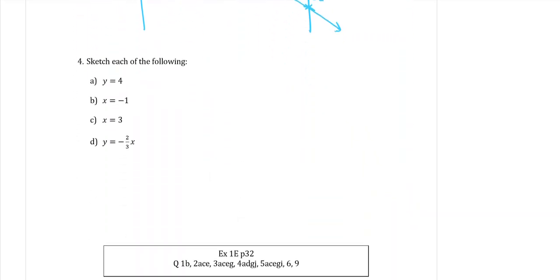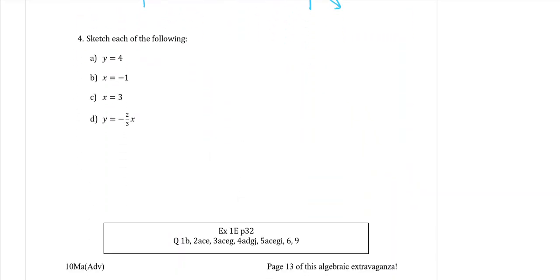Okay, question 4. Sketch each of the following. And we have y equals 4, x equals minus 1, x equals 3, and y equals minus 2 over 3x. Now the first three of those are just x equals a number or y equals a number. When you see that type of equation, these represent vertical and horizontal lines.